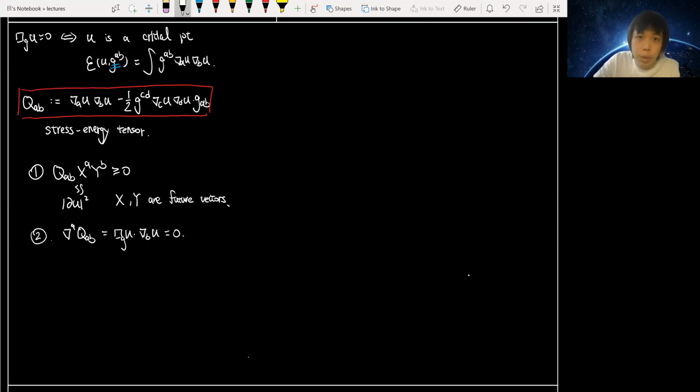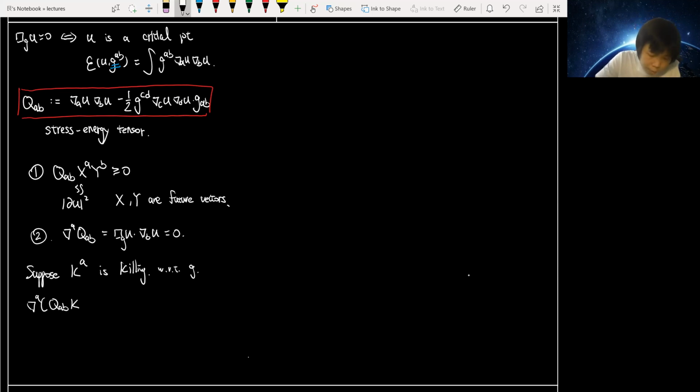This one leads to the so-called conservation law. Suppose K is a Killing vector with respect to this Lorentzian metric g.